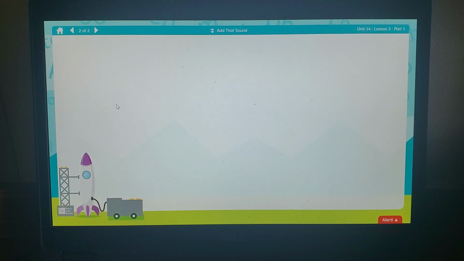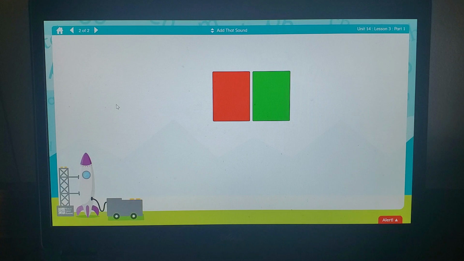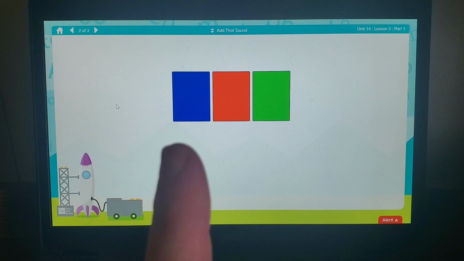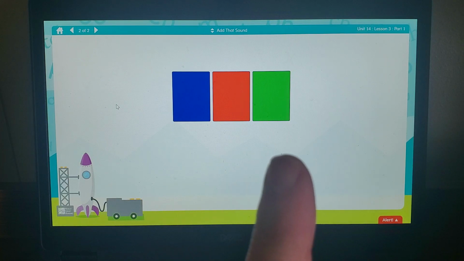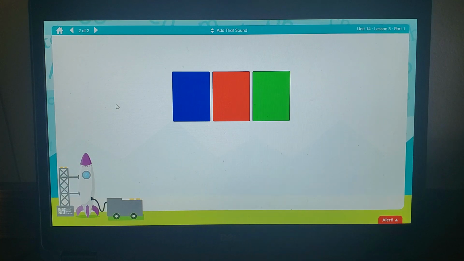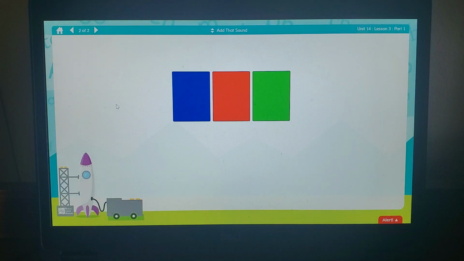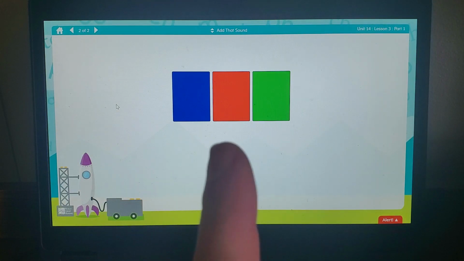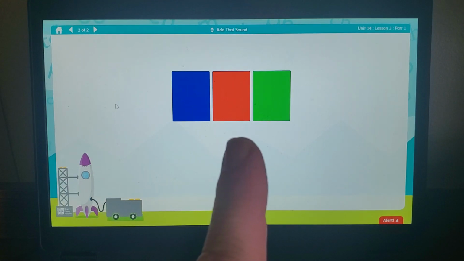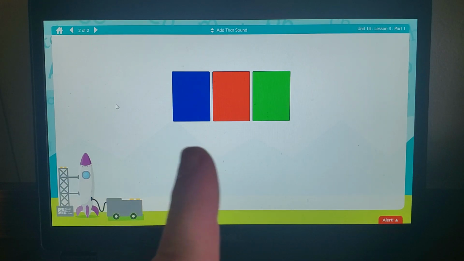Next we have eat, eat, add s at the beginning of eat, eat, seat. Next we have eight, eight, add d at the beginning of eight. Now we have eight, date.